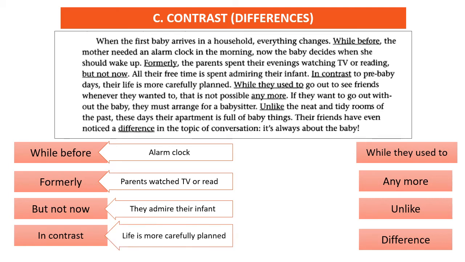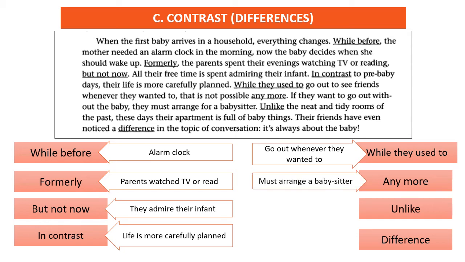After that, we have in contrast. It shows us the different condition that the parents are more careful in planning their life. After that, we have while they used to, and it shows us the different habit that the parents have, which is if they want to go out, they have to arrange more, meaning they cannot go out whenever they want to. After that, we have anymore.